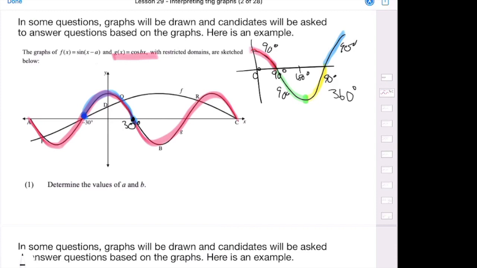So from negative 30 degrees up to 30 degrees is half of a period. And negative 30 degrees up to 30 degrees gives us a total of 60 degrees. So 60 degrees is actually half of the period.